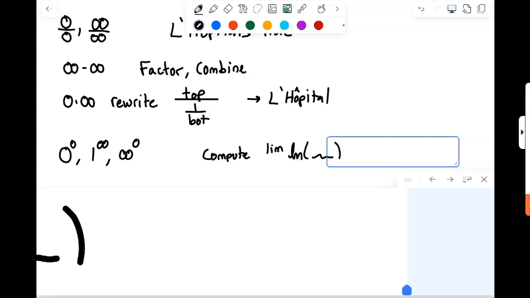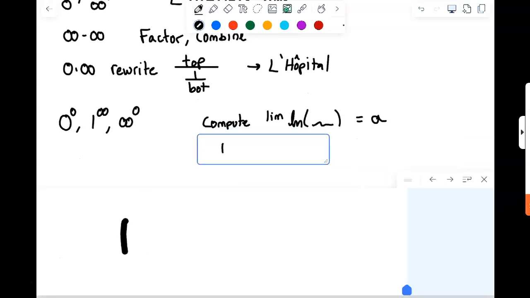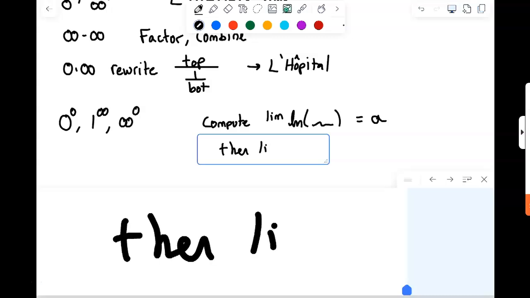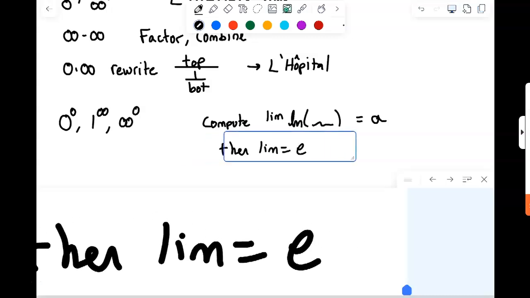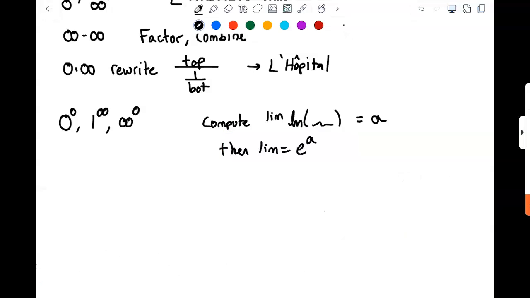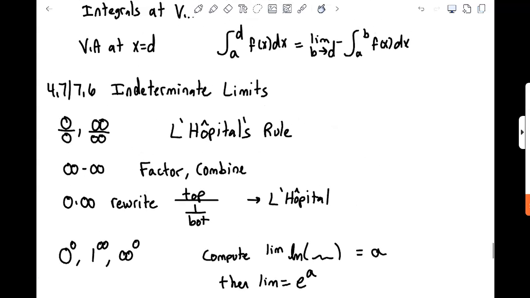Either that stuff goes to infinity, that stuff goes to 0, or that stuff goes to some number. So if that's equal to, say, a, then the overall limit is equal to e to the a. So that's what we did in section 4.7 with these limits going to infinity.